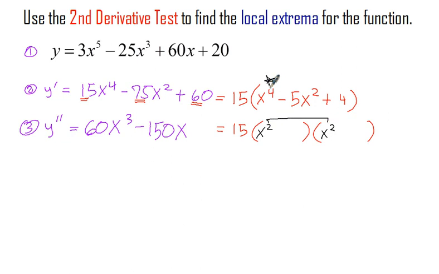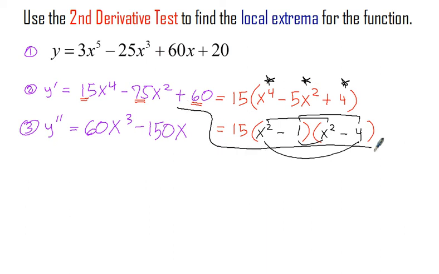And if you multiply 1 times 4, you're going to get 4. If I make it this way, I'm going to get 1x squared and 4x squared, and that makes 5x squared. So it does factor kind of like a trinomial factors to the product of two binomials. Again, that's a rare factoring skill, but it did come into play in this problem.